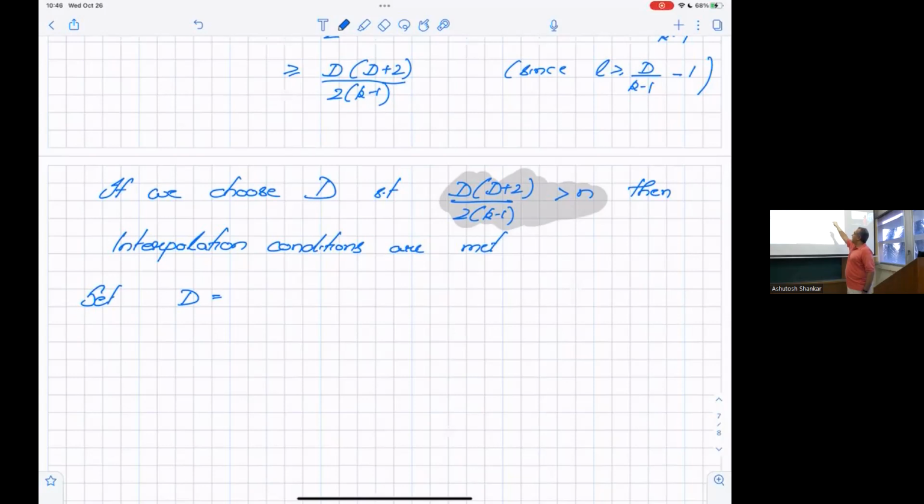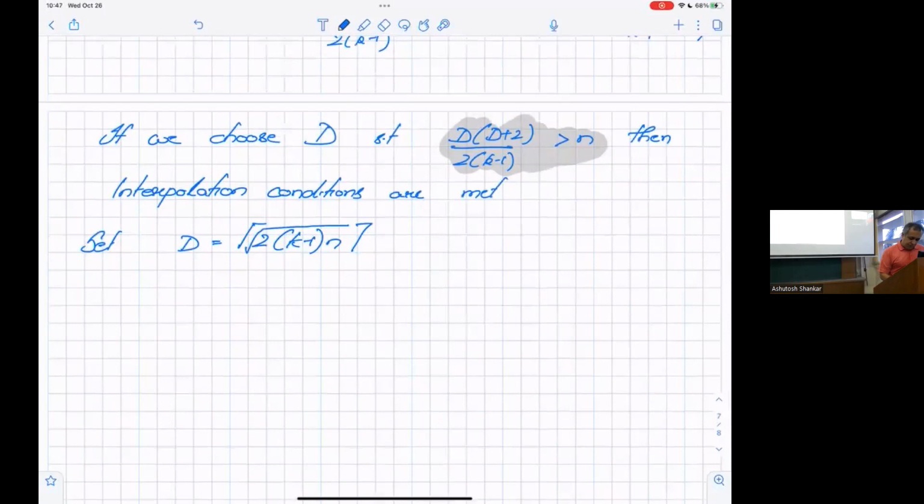Notice this is approximately like d squared by 2(k minus 1) equals n, but ignore the d plus 2 factor. Therefore, basically we want d to be the square root of 2(k minus 1) n. We'll set d to be the floor of the ceiling of the square root of this, and t to be the same number.